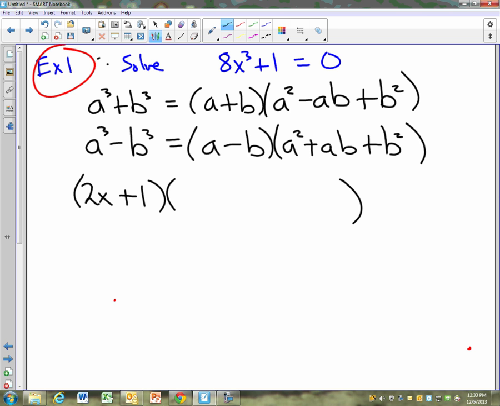Then look at your formula, everybody. It tells you to square a. If I square a, I get 4x^2. Then it says subtract those 2 multiplied together. 2x times 1 is 2x. And then it says square b. There I have it. So sometimes factoring is a better method than rational roots theorem or synthetic division.